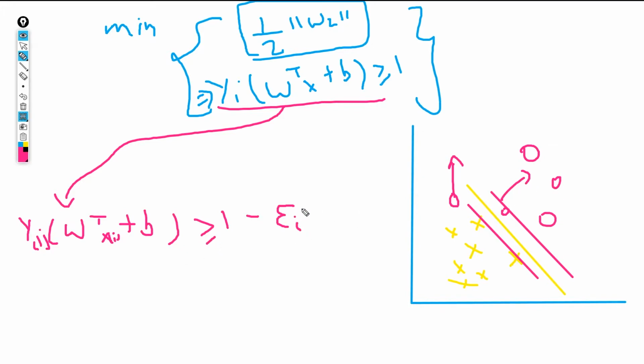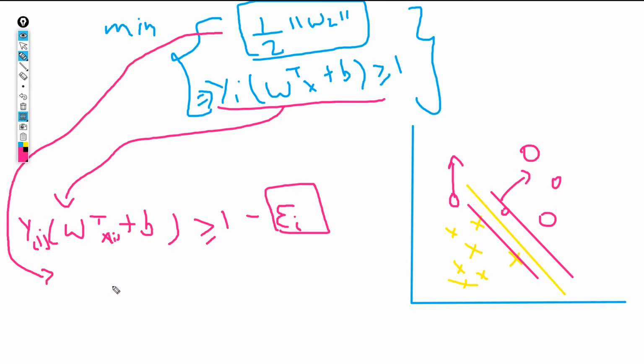For every point we can allow some error. This is also called a slack variable. For now, you just have to understand this. Now if we change this, then this equation is also going to change.